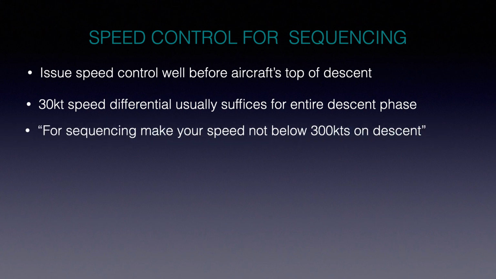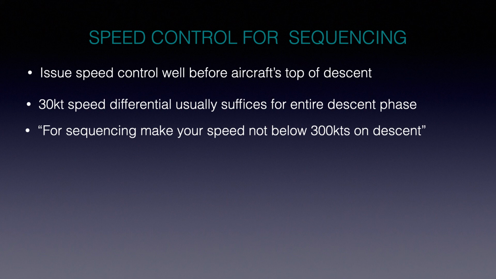Now, how would I go about initiating this speed control? Well, for the first aircraft, I'd say something like: for sequencing, make the speed not below 300 knots on descent. I could include that as part of the start clearance.